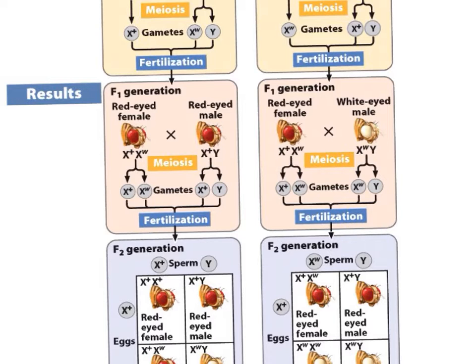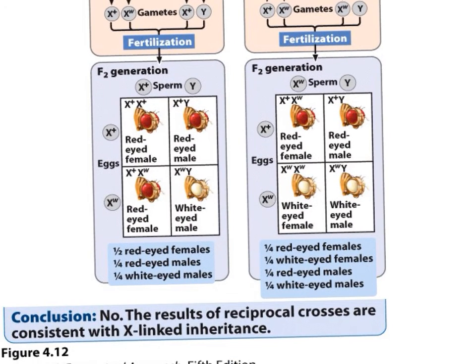What do we get in the F2? And looky here, it is different. Two X's together. Red-eyed wild type female, X and a Y. Right, wild type is red, red-eyed male.